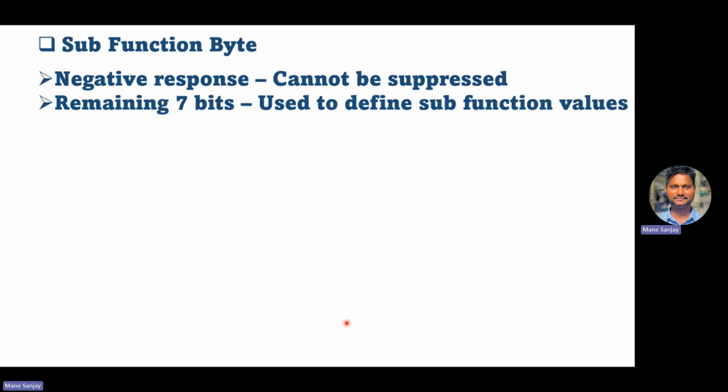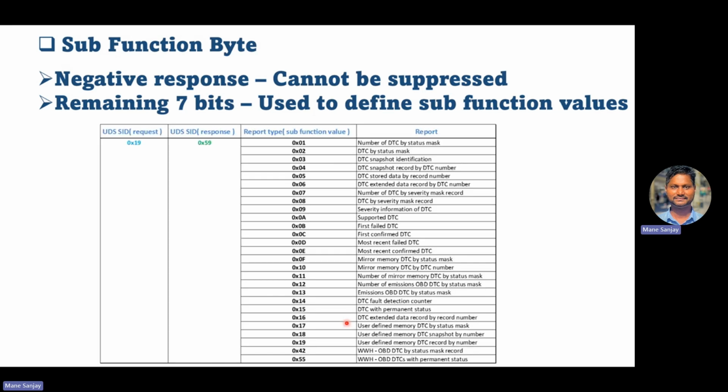For example, when reading DTC information via service identifier 19, the subfunction can be used to control the report type. Here you can see the positive response and some of the report types, and how you get the report in the form of the response.